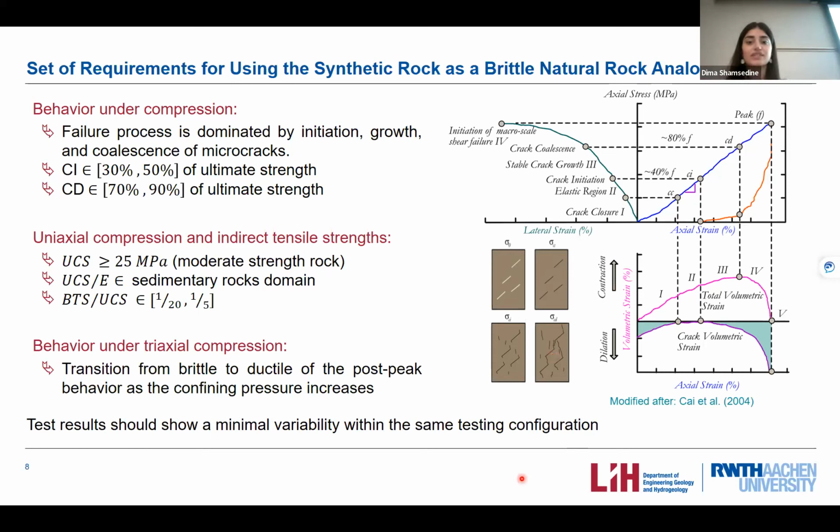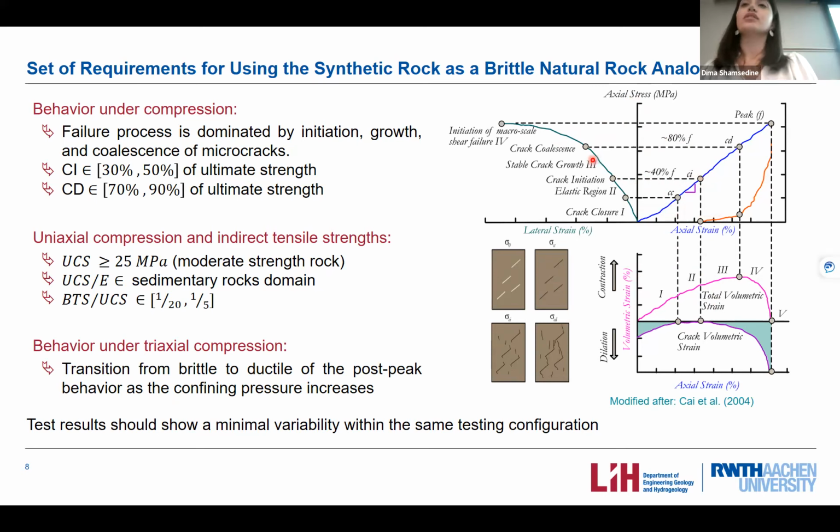These different stages or thresholds can be identified quantitatively using the stress strain curves as shown here. The figure is modified after Chi, and we can see the blue curve, which represents the variation of axial stress as a function of the axial strain.